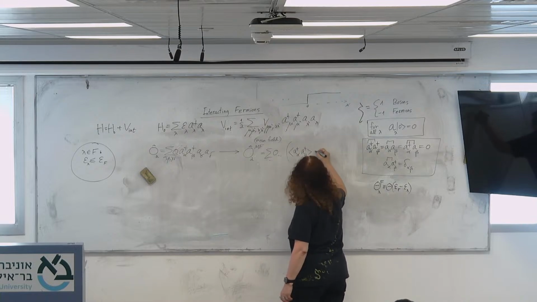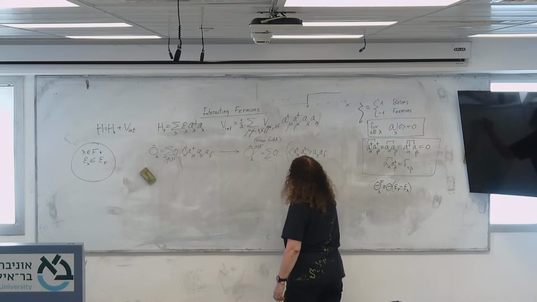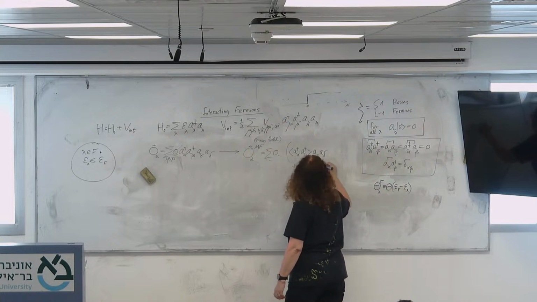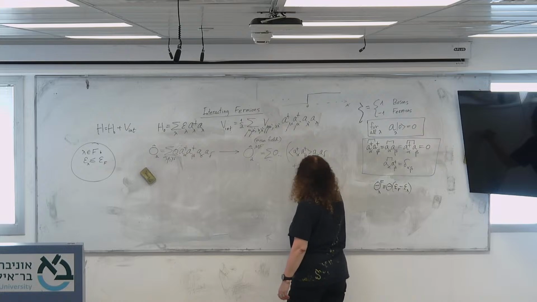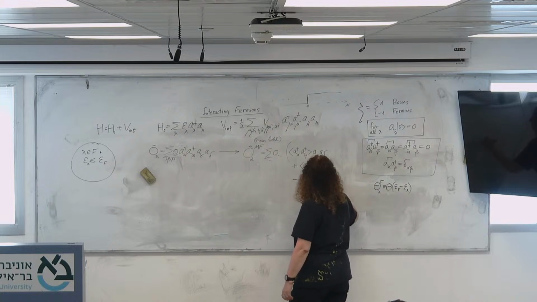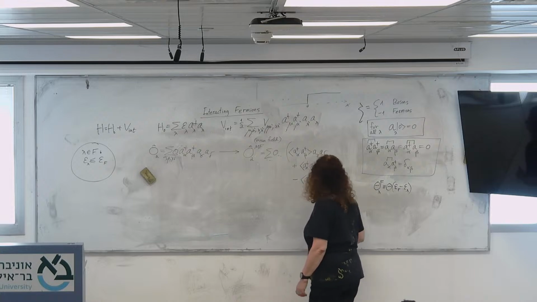So I get something like this, plus A alpha dagger, A delta, A beta, A gamma, minus A alpha dagger, A gamma, A beta dagger, A, what is left? Delta. Okay?